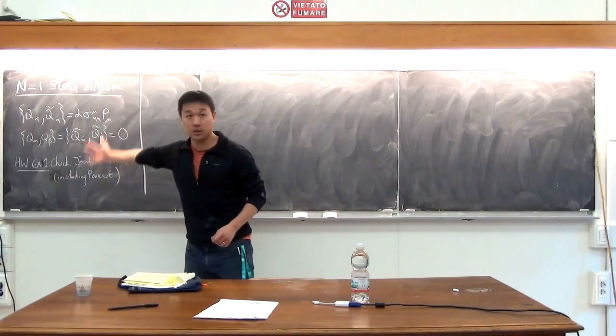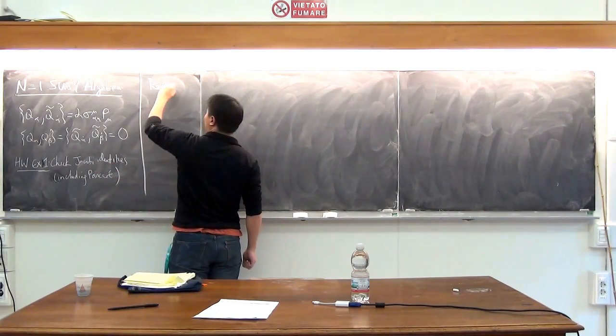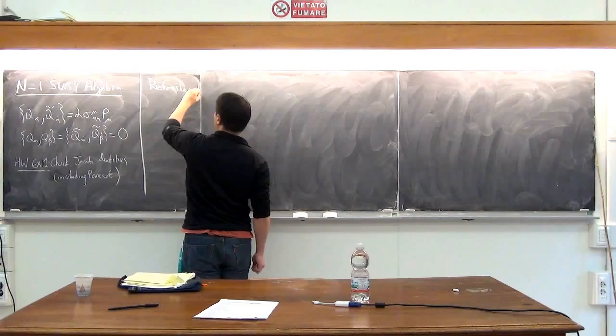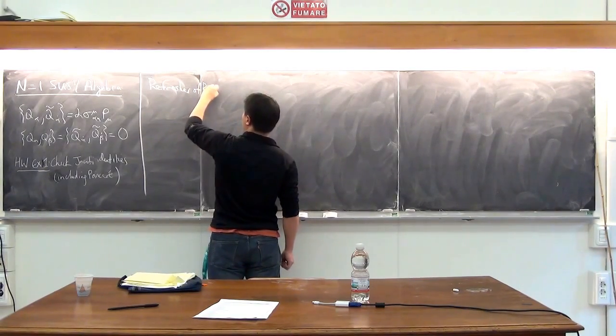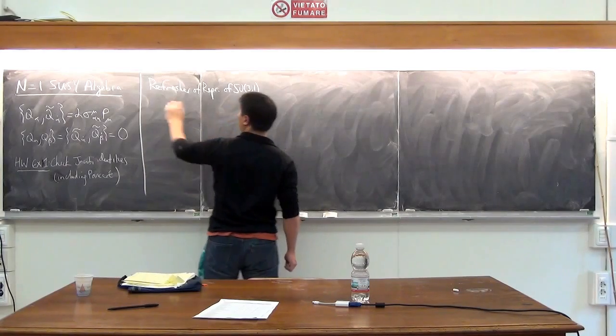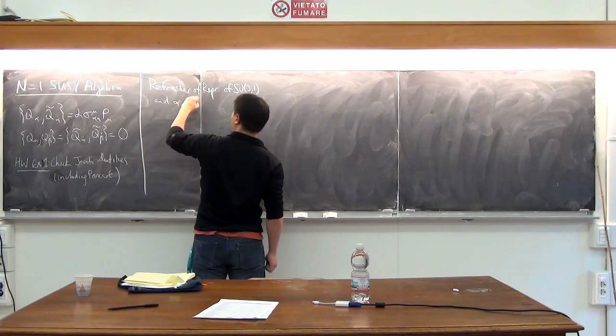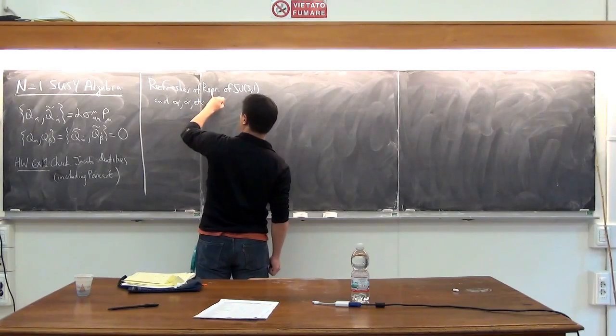This assumed you already knew what I'm about to say. But anyway, let's do a quick refresher of the representations of SO(3,1) and the alpha, alpha dot notation.